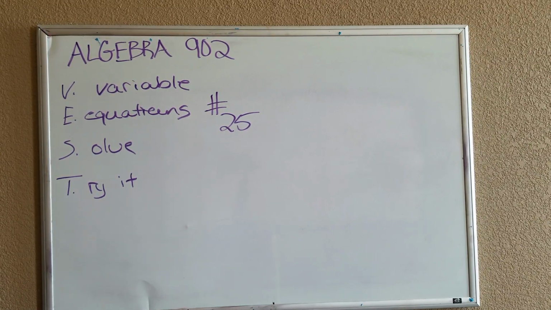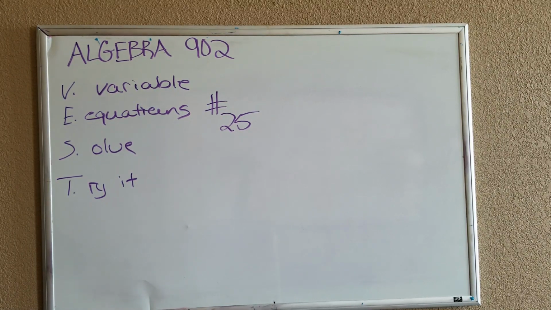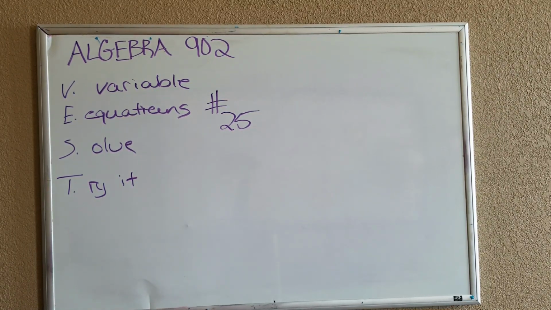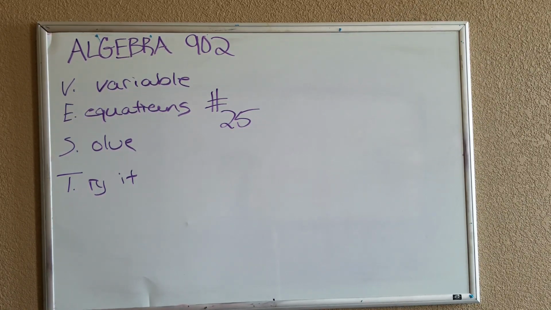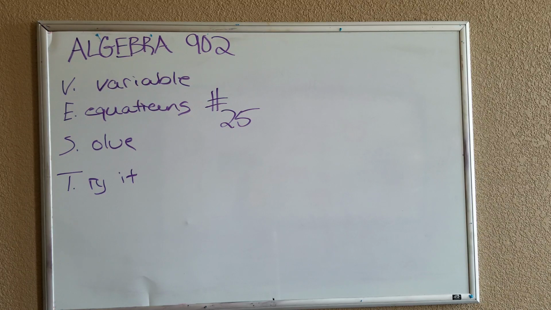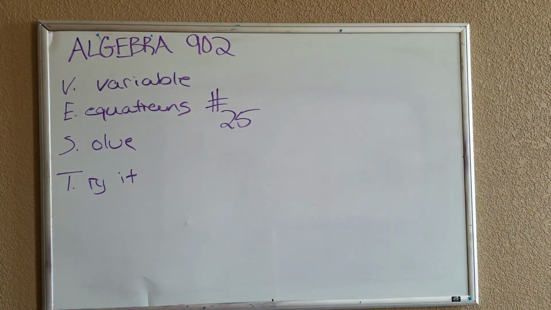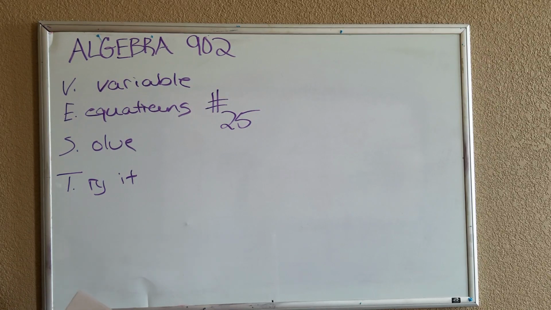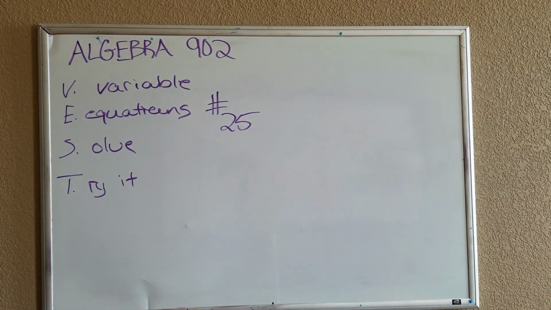So the question is, a grocer wants to make a 10-pound mixture of cashews and peanuts that he can sell for $3.29 per pound. If a cashew costs $5.60 per pound and peanuts cost $2.30 per pound, how many pounds of each must he mix? In this case, they give you the end result.